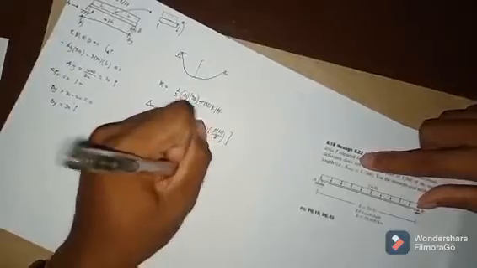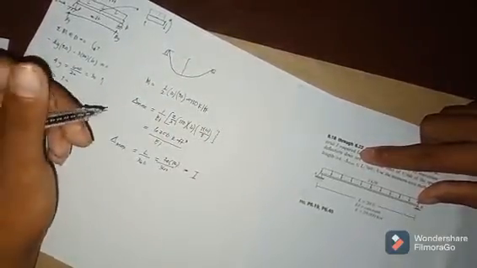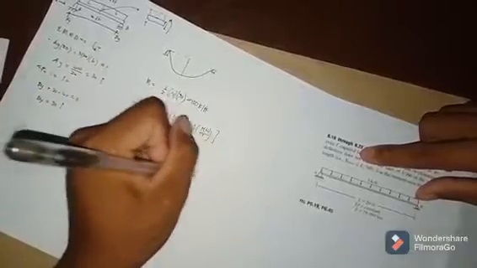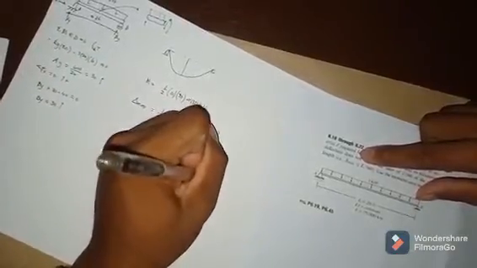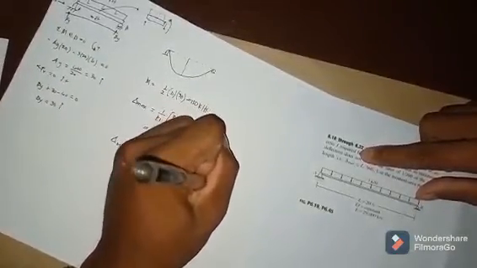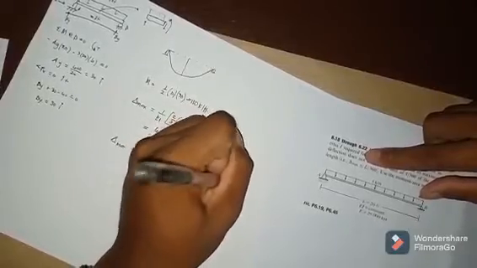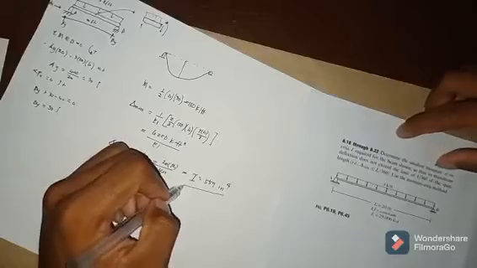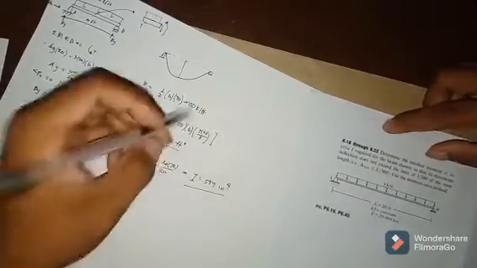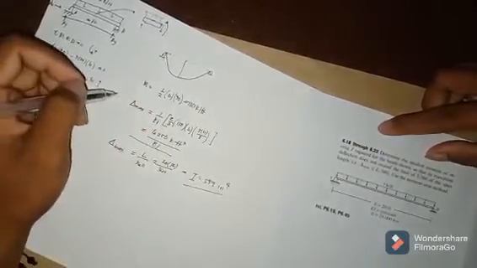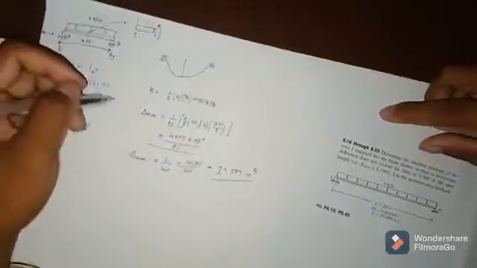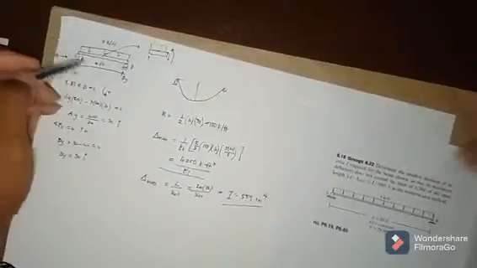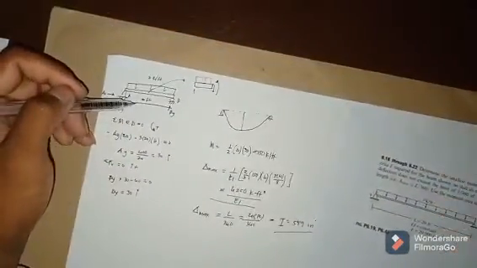So, it is equal to I is equal to 559 inches to the fourth. So, this is our smallest moment of inertia, and this is our maximum deflection with regards in this kind of structure.